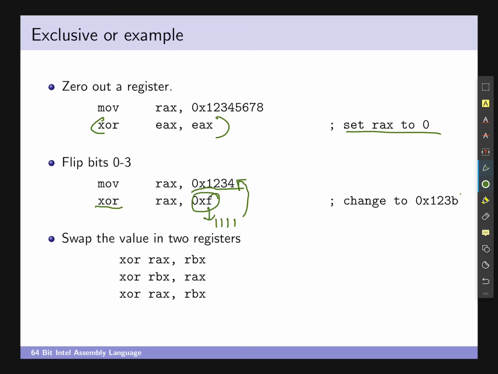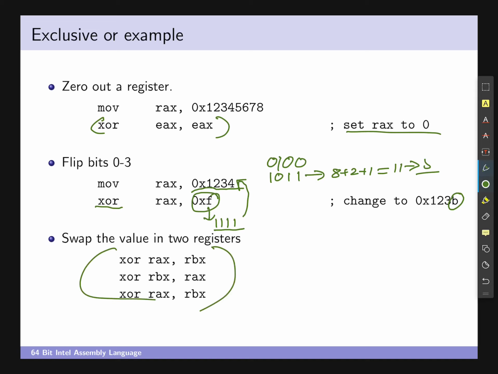And what will end up happening is I'll end up getting a B. That's because 4 obviously is going to be 100. I now flip all of the bits because I'm XORing it against 1111. I end up with 1011, and this corresponds to obviously 8 plus 2 plus 1, which is 11, which in hex is simply B.